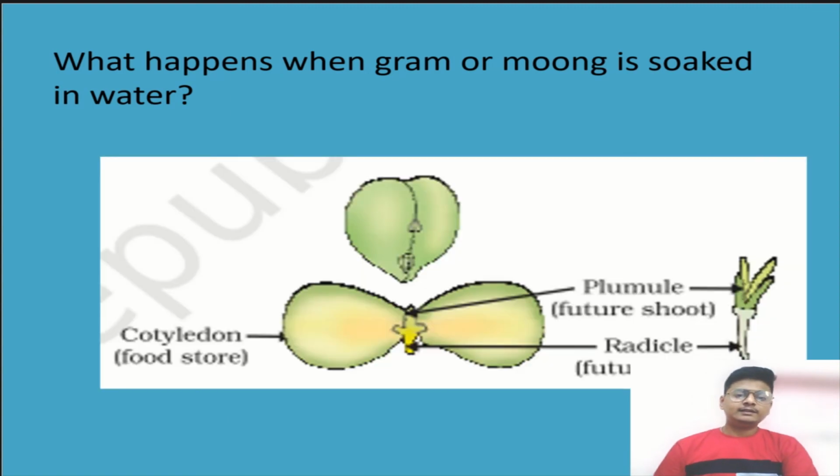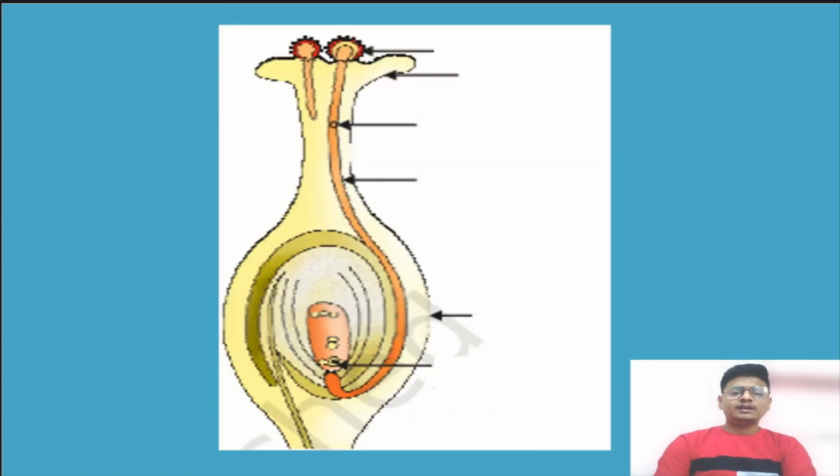See, there are two cotyledons, and from the center the radicle is coming out, and that white part you just saw is the radicle. And the plumule is the future shoot, which will turn into the stem, while the radicle will become the roots, and food is stored in the cotyledon part.